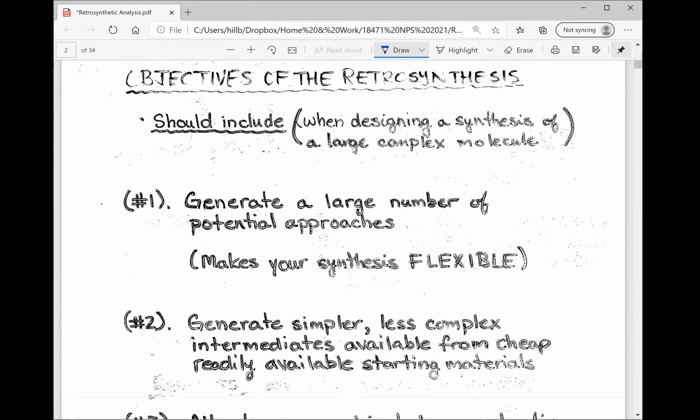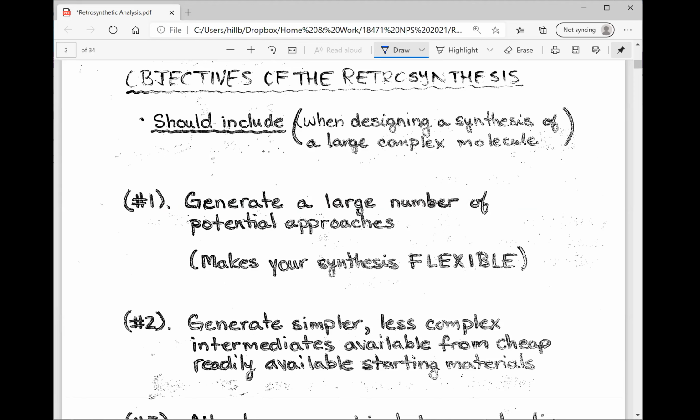Now, if you're designing a synthesis of a large complex molecule, you should build into it a couple of key important things. Sometimes it's not always possible, but the successful ones often do include these.